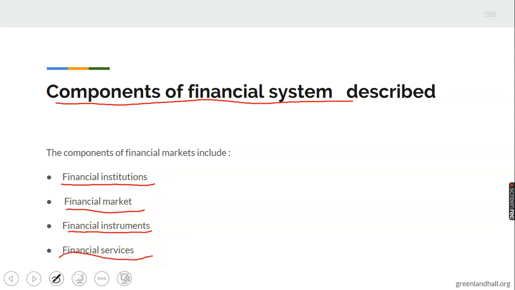Financial services. All these constitute what we refer to as the financial system, different components that interact or relate together to give us an output or to help us achieve an objective at the end of the day.